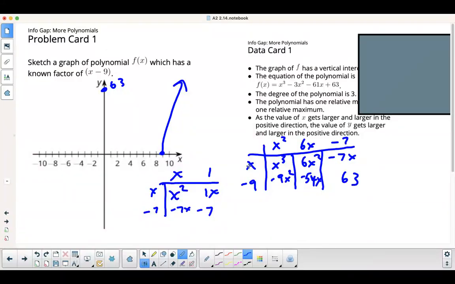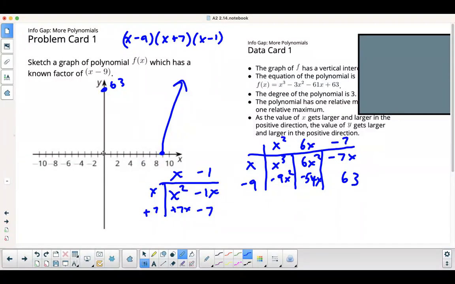But that adds up to negative 6, so I got to change the sign. That's got to be a positive, and that's got to be a negative. So 7x minus 1x would give me the 6x right there. So cool. Now I have my other x-intercept. So really, this function is x minus 9, x plus 7, x minus 1.